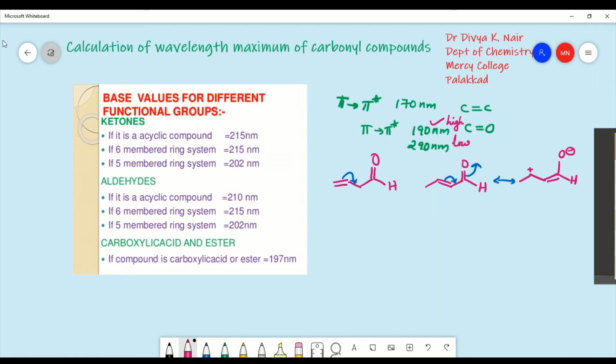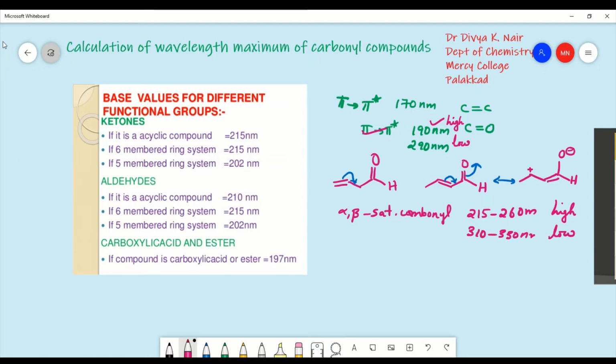In fact, alpha beta unsaturated carbonyl compounds are characterized by a high intensity pi to pi star transition between 215 to 260 nanometer region, and a low intensity transition, pi to pi star, at a range of 310 to 330 nanometer region.